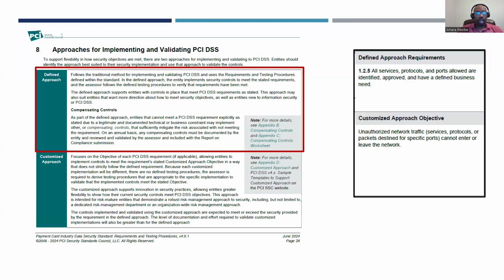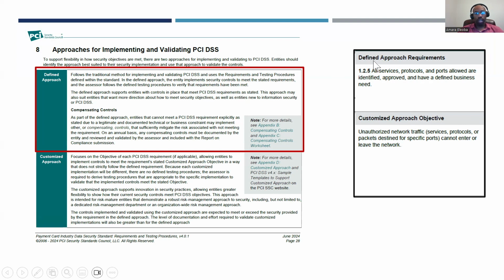In PCI DSS, we have a defined approach and we have a customized approach. You can see on the chart on the slide, I'm using, for example, 1.2.5.